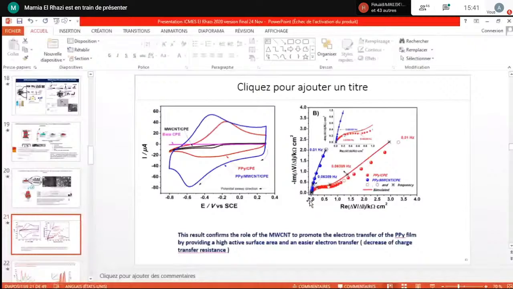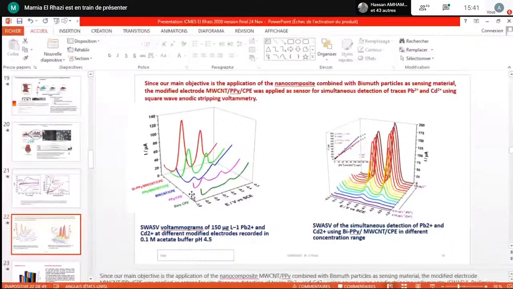The third one is the carbon-based modified with multi-walled carbon nanotube. And in green, it's the carbon-based modified with multi-walled carbon nanotube and polypyrrole. And the last one is the bismuth film polymer multi-walled carbon nanotube. And we can see that the combination of multi-walled carbon nanotube, polymers, and metallic nanoparticle can enhance the sensitivity of the electrode.